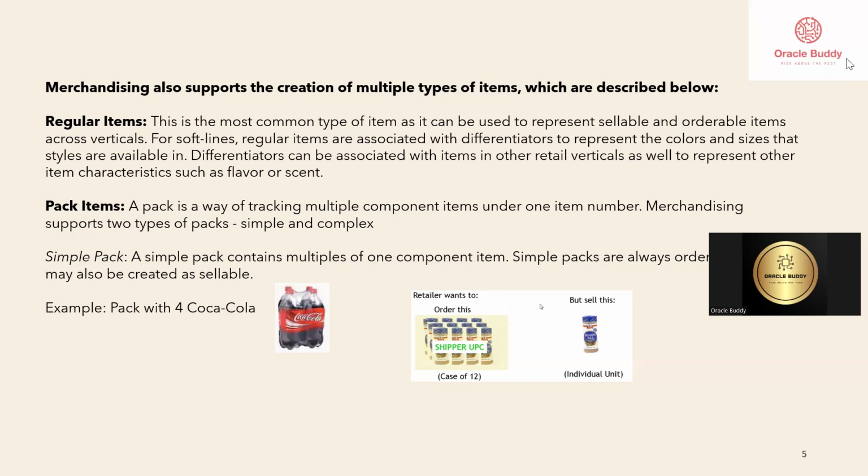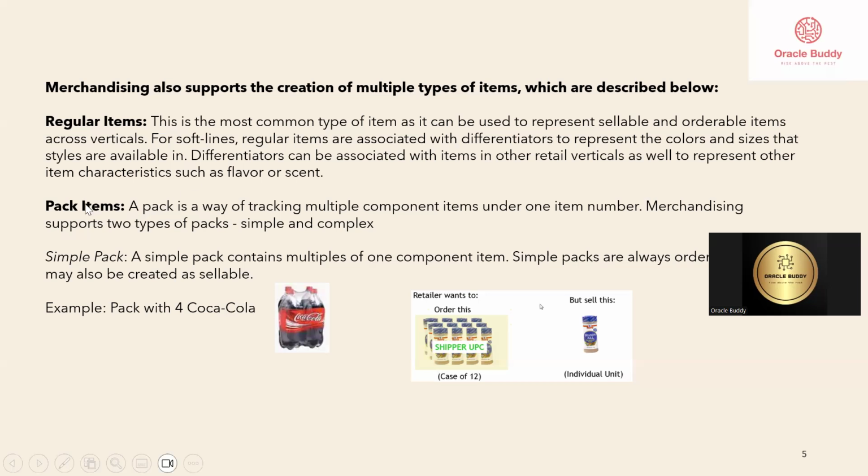So the US Polo shirt will be the style and under that there will be different SKUs which can be sellable, like a US Polo white shirt which is small in size, a US Polo white shirt which is medium in size, based on the size. It can be small, medium, extra large, double XL, triple XL. And based on the color also you can have black, blue, white. So these are all the differentiators which differentiate the particular style into the SKUs.